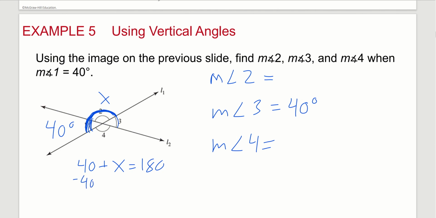You would subtract 40 from both sides, and we would get that x equals 140. So angle 2, as it turns out, is going to be 140 degrees. And then if we know angle 2 is 140, then that means that angle 4 also has to be 140 because 2 and 4 are vertical angles, and they're going to have the same measurement.